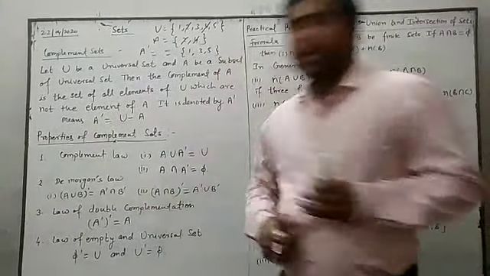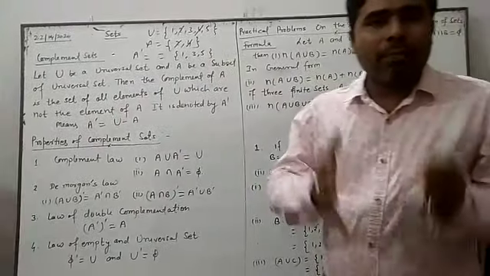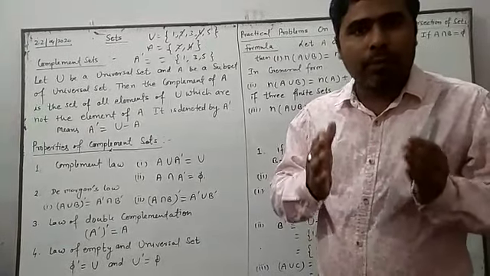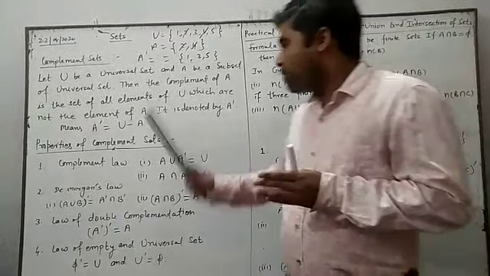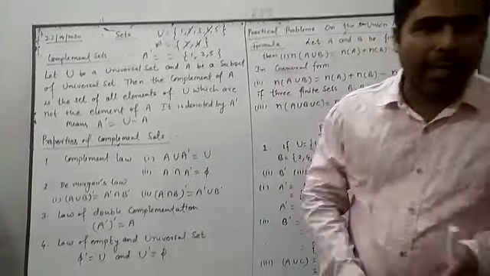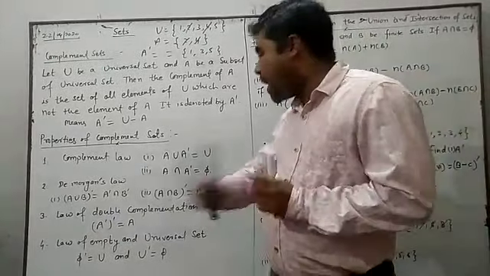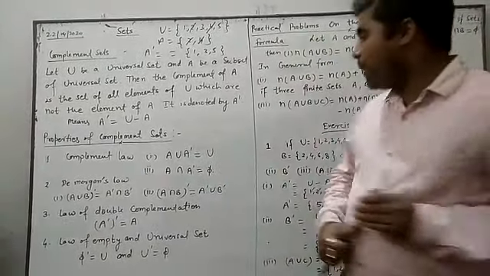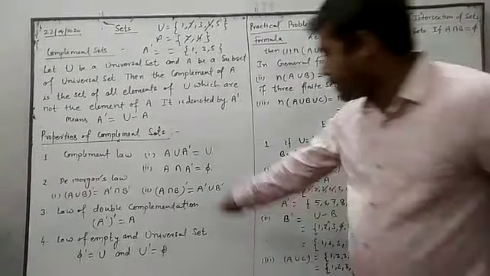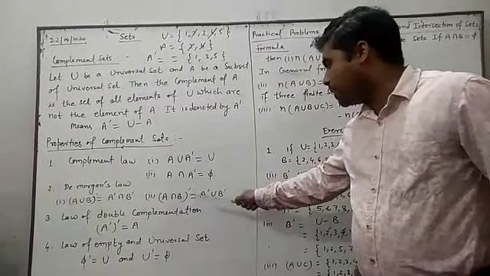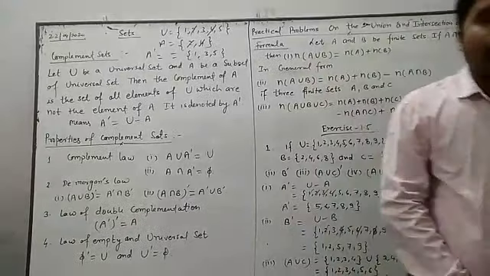This is the complement law. Next, De Morgan's law: the complement of A union B is equal to the complement of A intersection the complement of B, and the complement of A intersection B is equal to the complement of A union the complement of B.